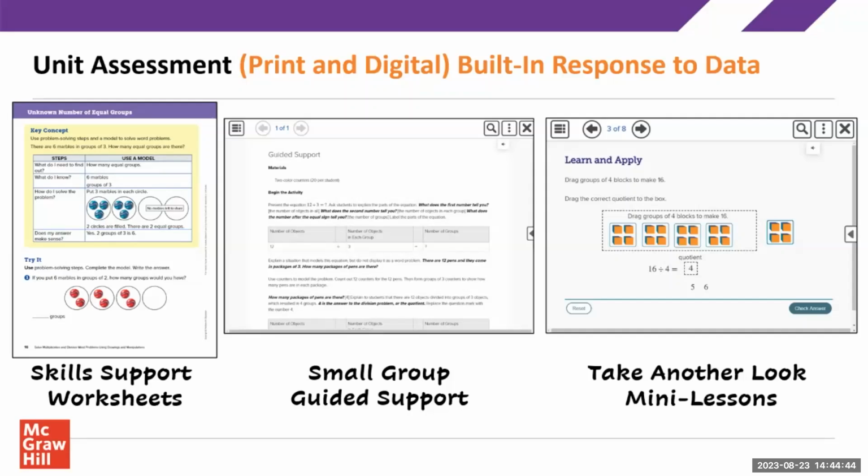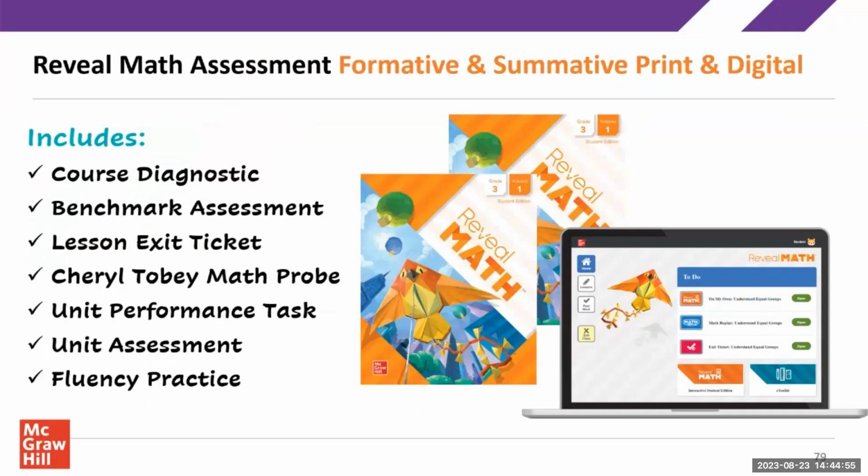And then we also encourage those Take Another Look mini lessons, ways to do that throughout our unit. There are tons of opportunities for formative and summative assessment. They can all be given to your students in print, but they also are all there digitally.